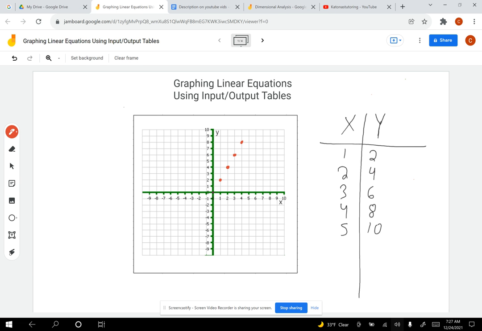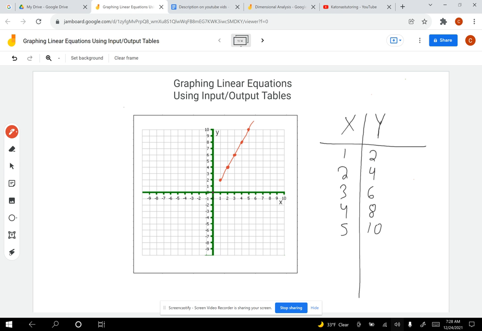My next ordered pair is (5, 10). Now look, I get a straight line with my points, and I'm going to draw my line. Boom. Done. That's actually pretty good. Guys, I cannot draw to save my life, and that's pretty straight. I'm proud of myself for that.